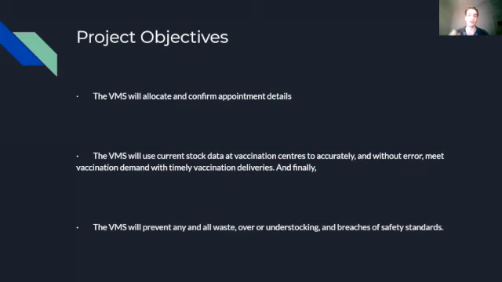Secondly, the vaccine management system will use current stock data at vaccination centres to accurately and without error meet vaccination demands with timely vaccination deliveries. And finally, the vaccine management system will prevent any and all wastage of vaccines, over or understocking, and any breaches of safety standards. I'll now hand over to Jacob, who will take you through our vaccine management system prototype.